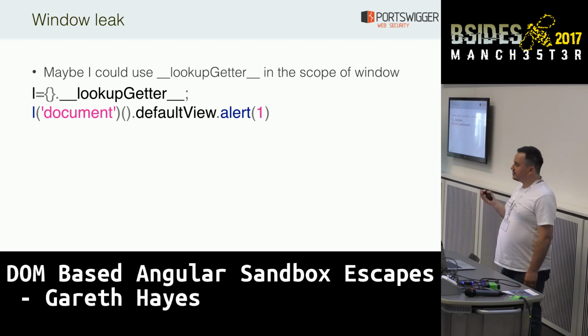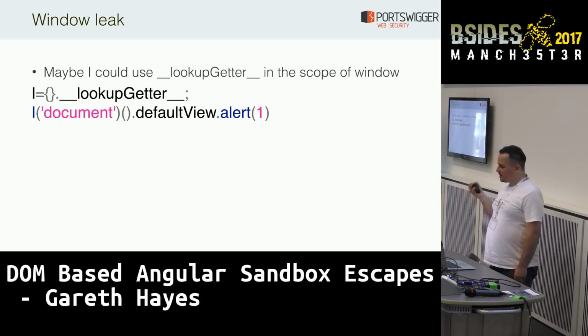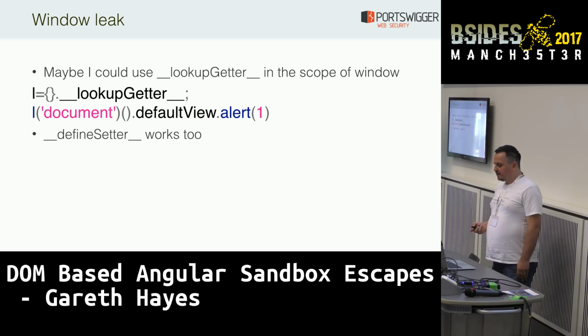So Chrome is the only browser that does this. So I call lookup getter, ask for the document getter, I get the document getter, call the document getter, and that will return the document. Then default view returns the current window, so we've got our window leak, and then I can execute alert 1. Define setter also works in this way.